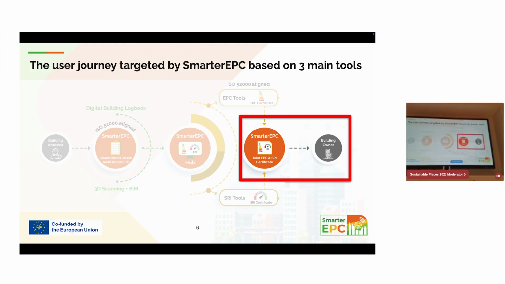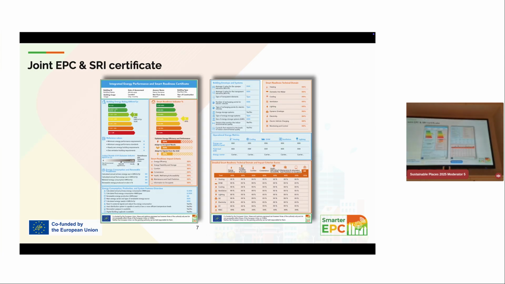Next, I would like to talk of the other side. So this integrated certificate that could be presented to a building owner following this assessment. You can see here, this is just a simple template. In blue is everything that corresponds to energy performance. In orange is everything that corresponds to smart readiness.